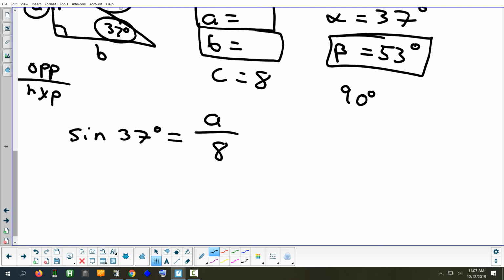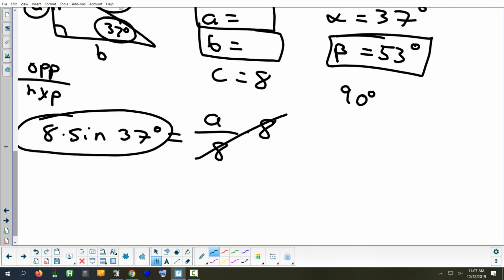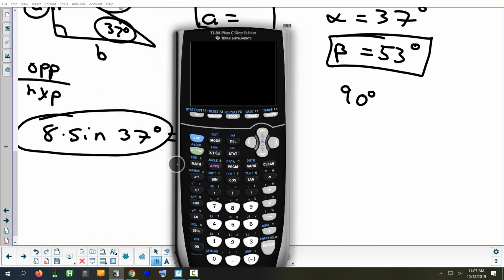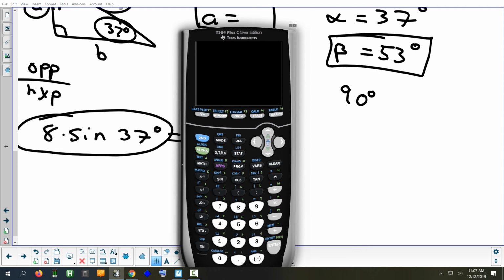And how would I get A by itself there? Multiply by 8, 8 times. We need to type that in, and we are going to round that off. Today, they usually round the answers off when you're finding the side. What do I want to make sure of on my calculator first? Your degrees.